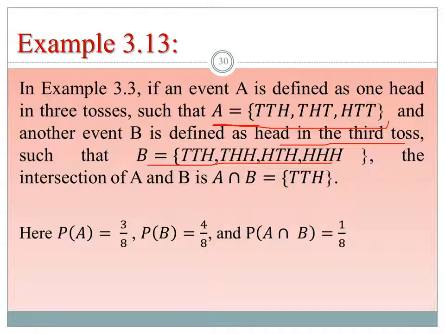In this case, TTH is the common element. This element belongs to A and belongs to B. So that means A intersection B is equal to TTH. So we can write the probability of A is equal to 3 by 8, the probability of B is equal to 4 by 8, and also the probability of A intersection B is equal to 1 over 8. Okay.